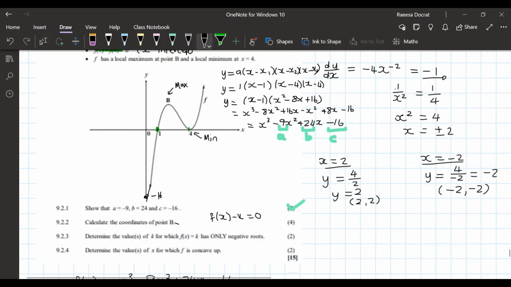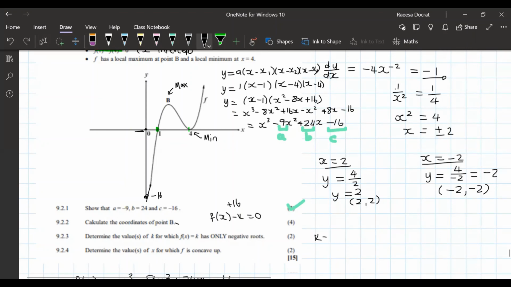So if we move the 16 units up, our y-intercept is then 0. And then if you shift it any more up, you're going to get a negative x-intercept. So you want to shift it 16 units up, so you want f of x plus 16.